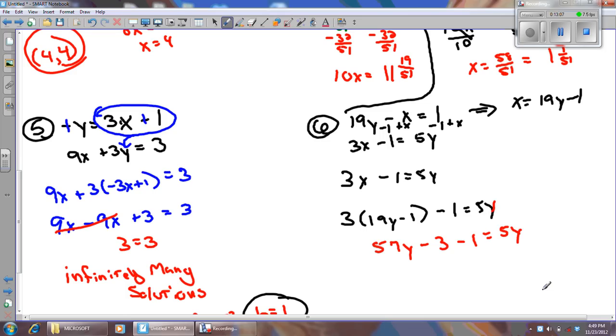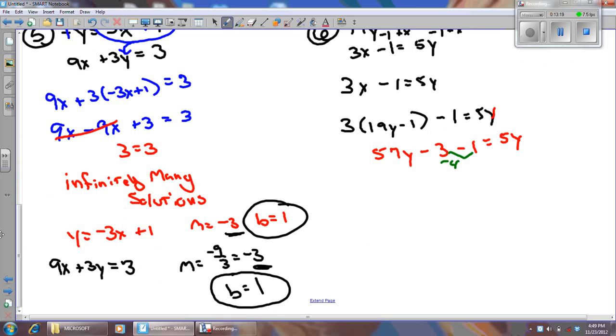Oh my goodness, I picked another ugly, ugly problem here. All right, going to combine like terms, and these will turn into negative 4. So I've got 57y minus 4, which will equal 5y. I'm going to add 4 to both sides.